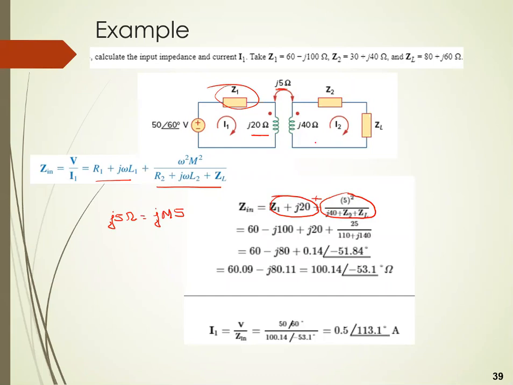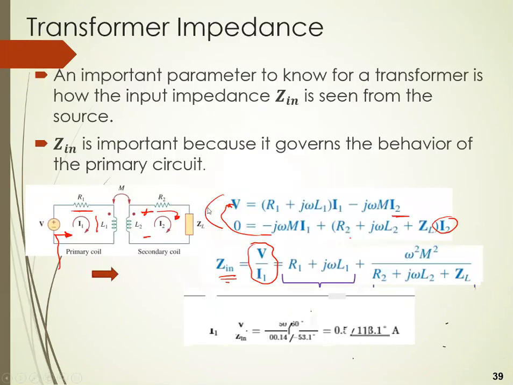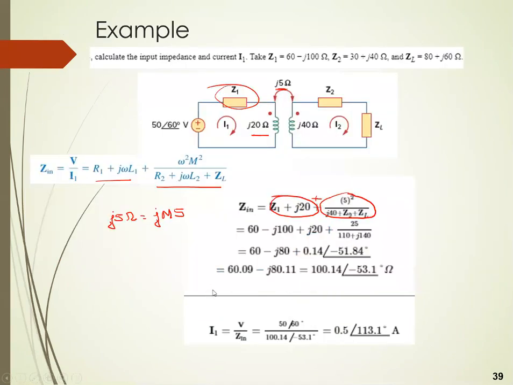And on the bottom side, you have R2, or the second element, whatever that element is. Remember the previous one, when we derived this equation, we have this R2 here and this L2 here, right? That's what this comes from. So for this one, you're going to have whatever Z2 is plus ZL plus this term j40, right? So you're adding all the terms in the denominator here that correspond to the secondary side. Maybe not in the same order, but that's what you have.